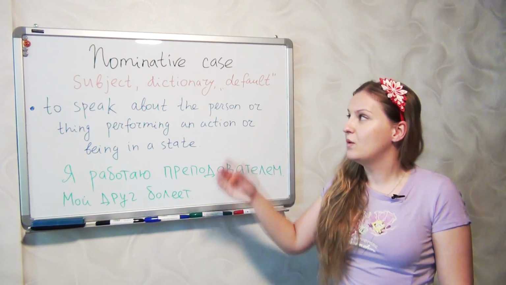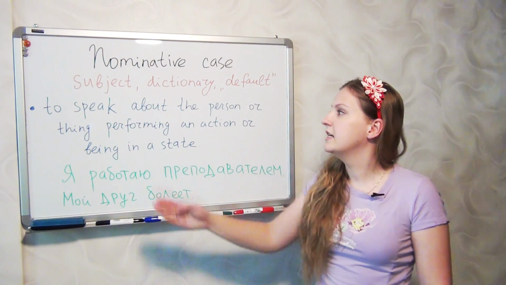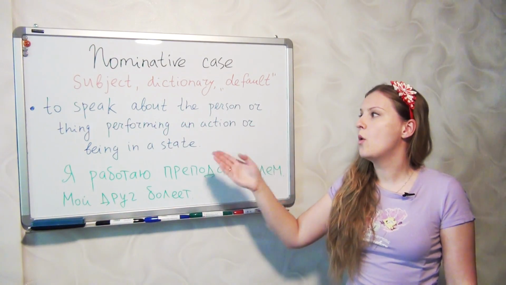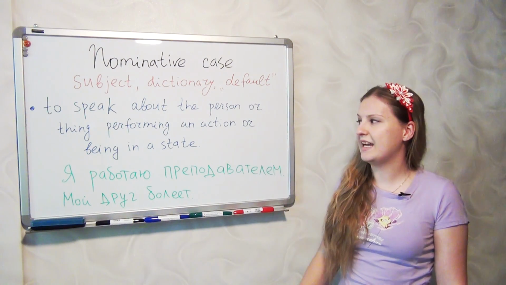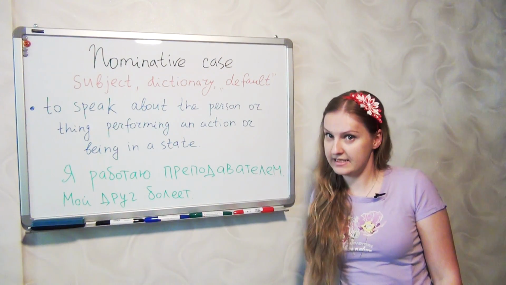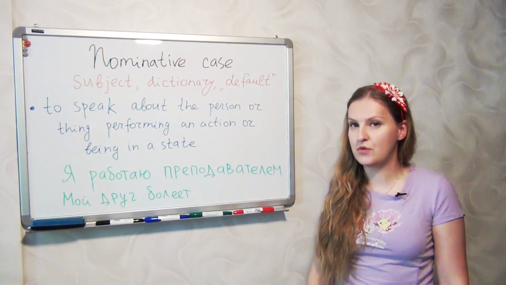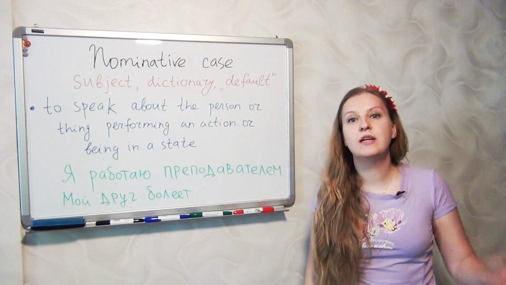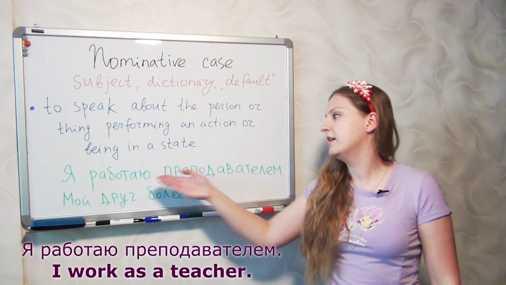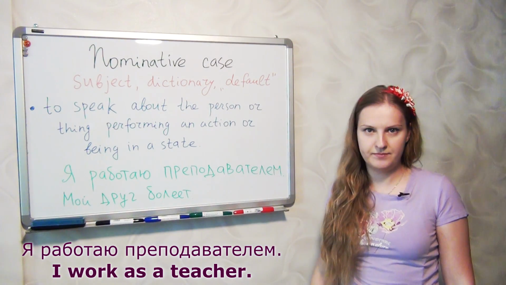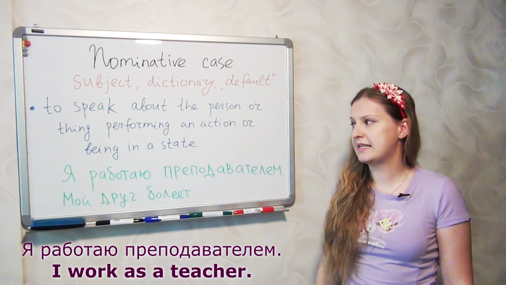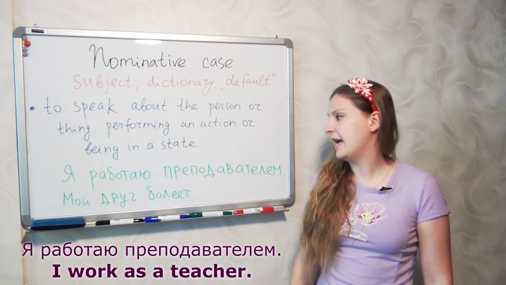The first one: we use the nominative case to speak about the person or thing performing an action or being in a state. Let's take a look at two examples. Я работаю преподавателем. This sentence would be translated as "I work as a teacher."